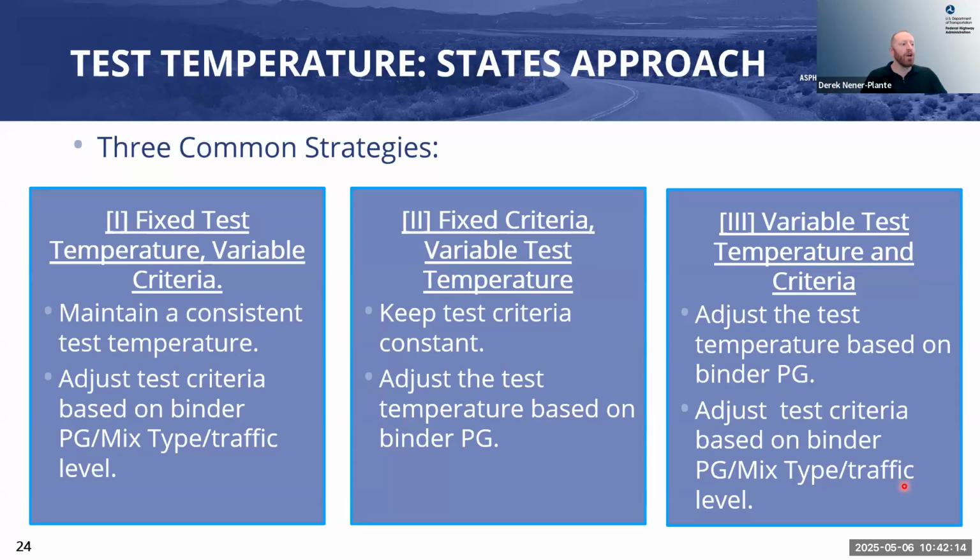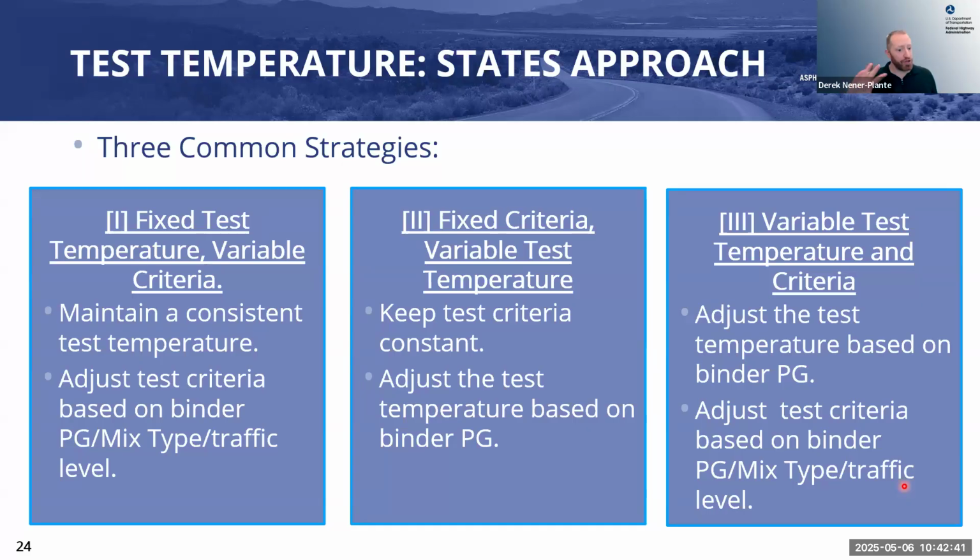The second approach is to fix the criteria and vary the test temperature. We often see this with the Hamburg wheel tracker in a number of states, where the criteria is constant, but they adjust the test temperature based upon the binder PG or traffic level potentially, but primarily the stiffness of the mixture, hence the binder PG.